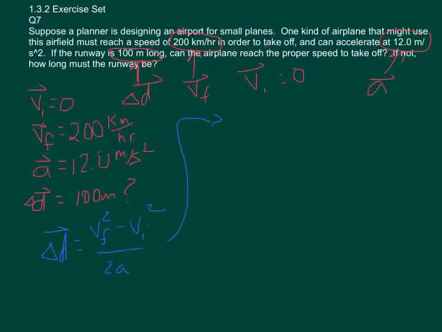We've got to calculate a new VF here. Let's do that. Let's go back to the red for this. We need to convert this to meters per second. And in fact, it's 55.6.